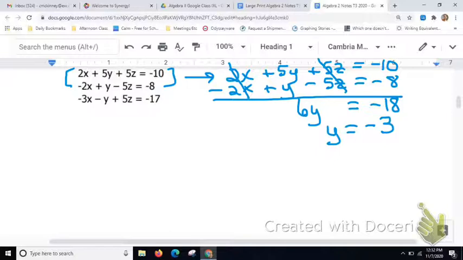Now I might look at my other equation, and again, you can pick any two equations to put together. So let's say, for instance, now I say, okay, what if I try to include the bottom equation and the middle equation?